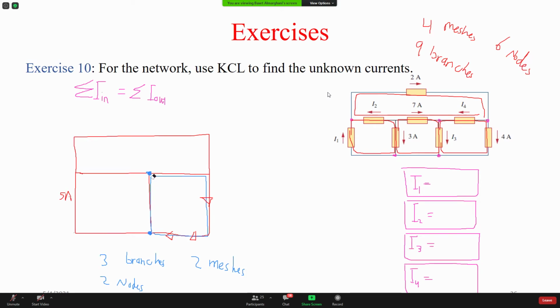How many nodes do we have here? Forget about my thing here. Look at how many intersections do we have?